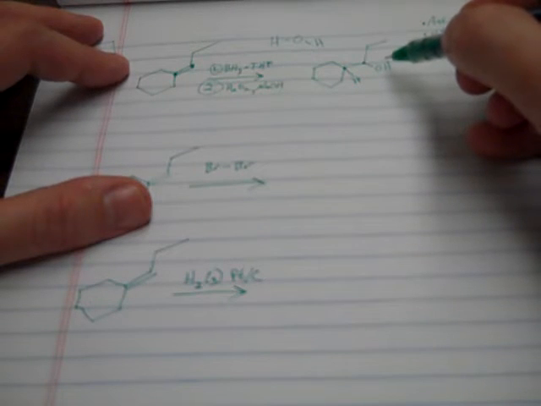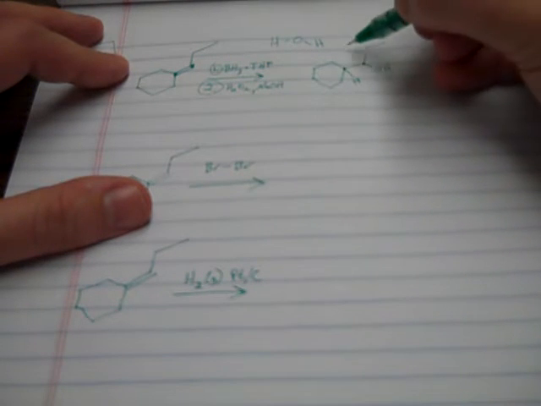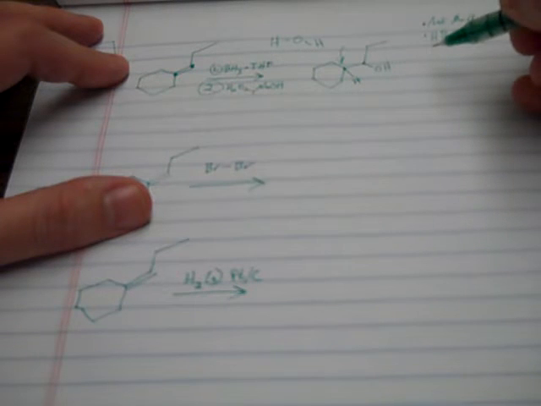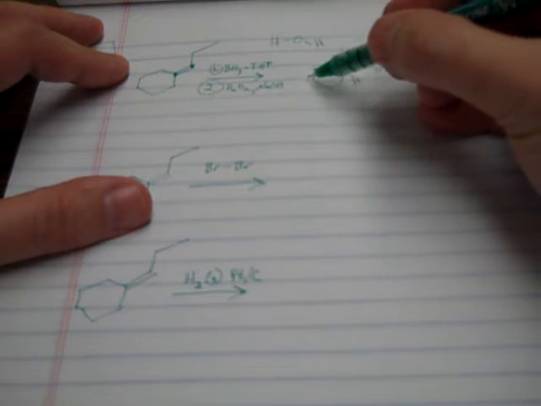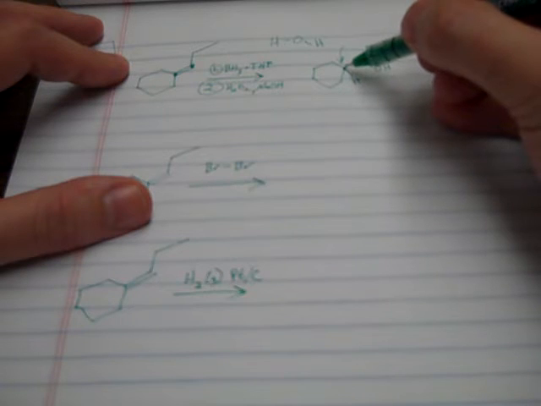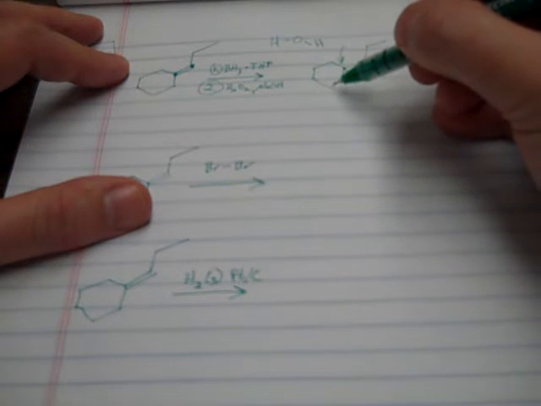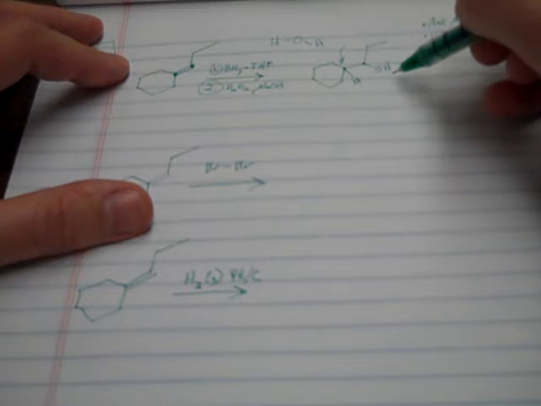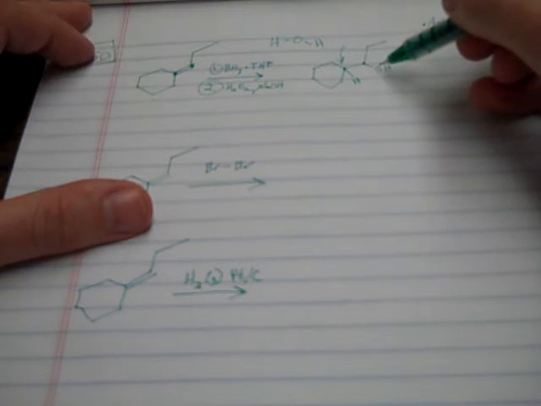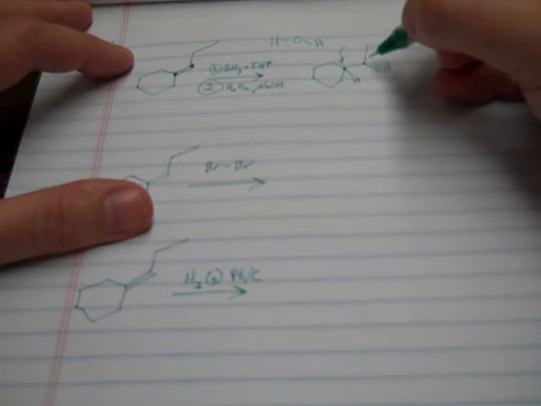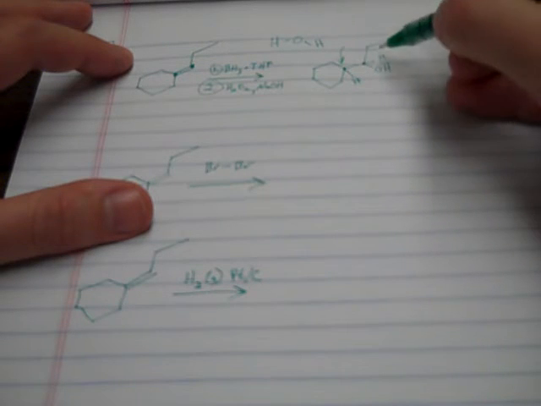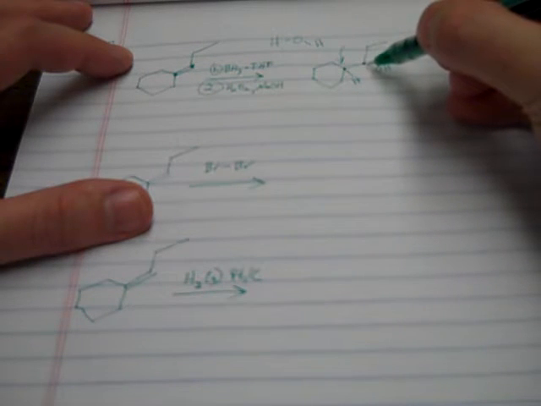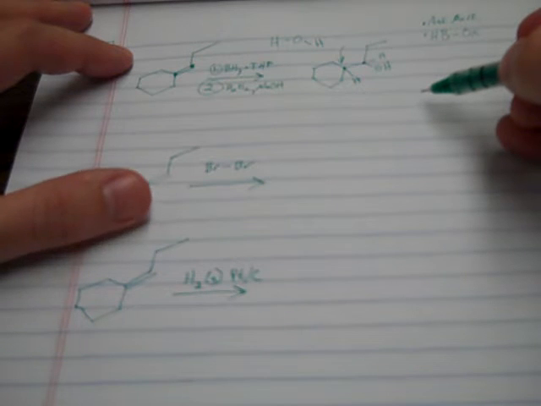Interestingly, this center here is not a chiral center, because this side bound to this sp3 carbon is exactly the same as this side, so we don't need to be concerned about the stereochemistry there. However, the alcohol part of our product is indeed a chiral center, because we have four different things bound to this sp3 hybrid carbon.